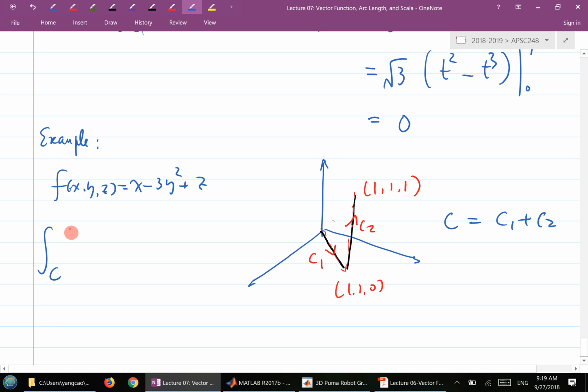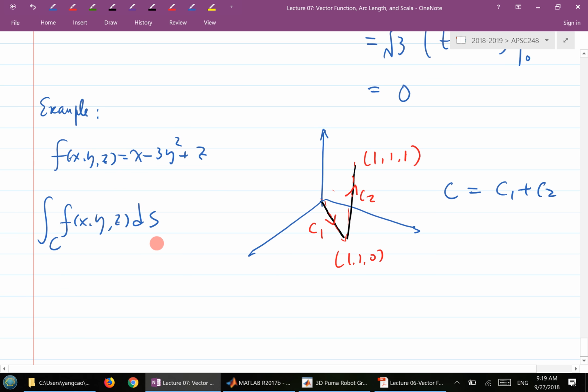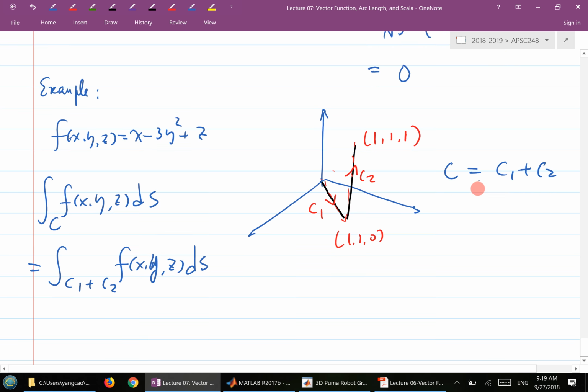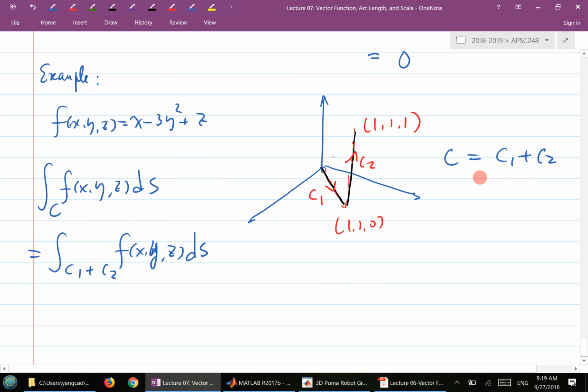So if I need to calculate this scalar line integral, in essence what we're doing is integrating over C1 plus C2.